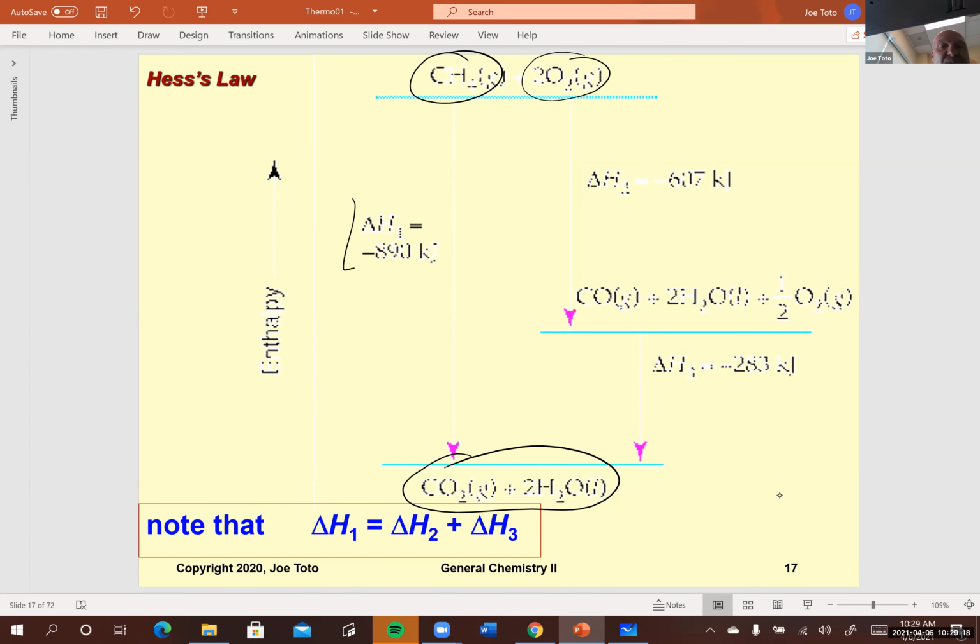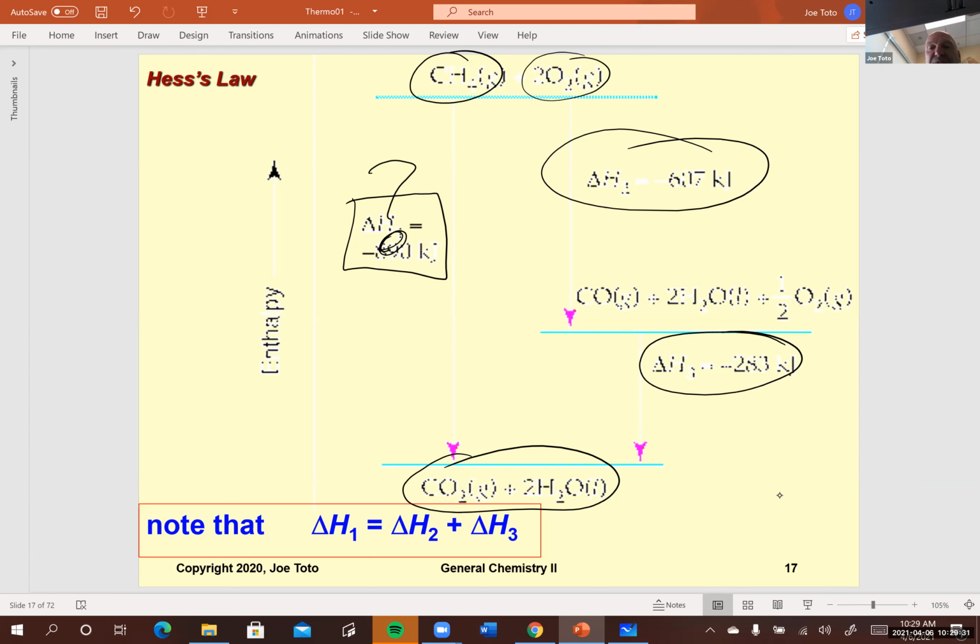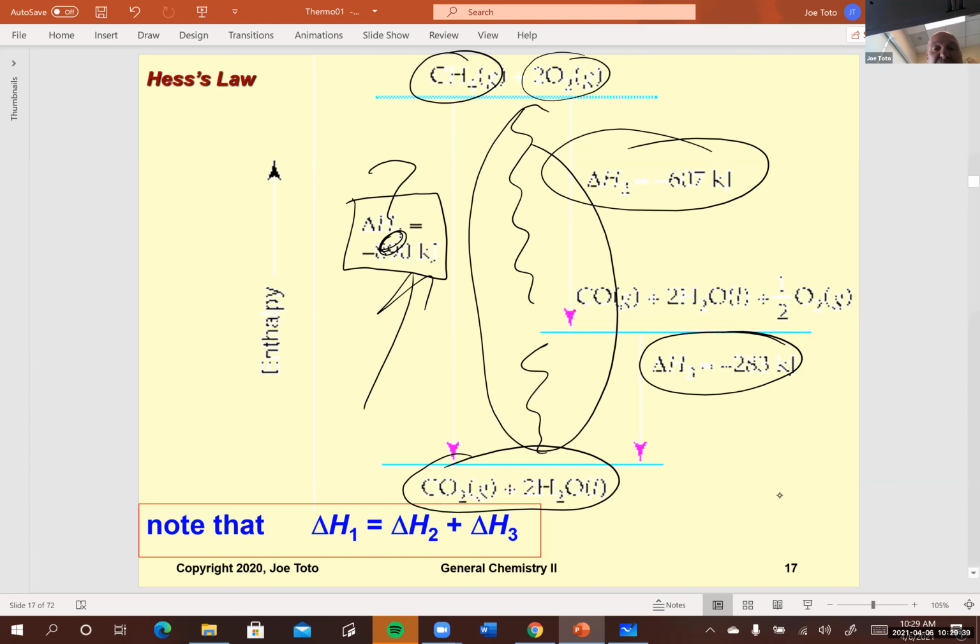And I want to know its delta H of combustion, but I don't have this value. But I have this value for this step, and then I have another value for a further step, so I can add these pieces up. And you can see that when you add these pieces up, you get the piece that you want. That's pretty much Hess's law in picture form.